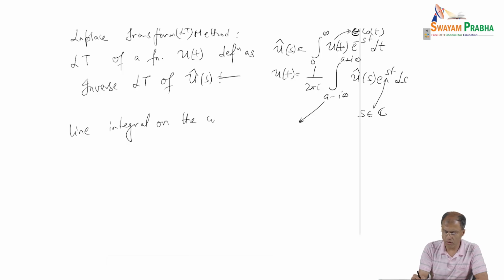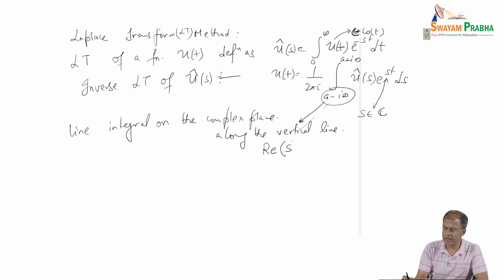In this case the real component of s must be equal to a fixed value, which is a. So this is an integration along a line parallel to the imaginary axis.